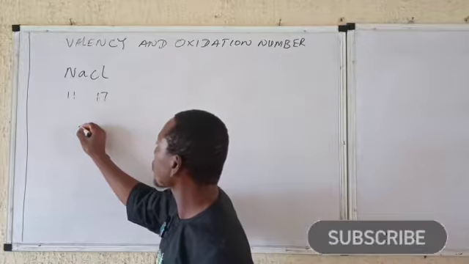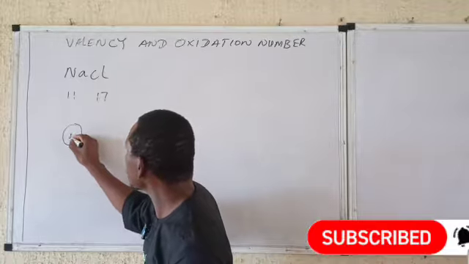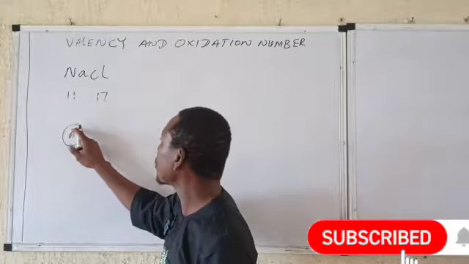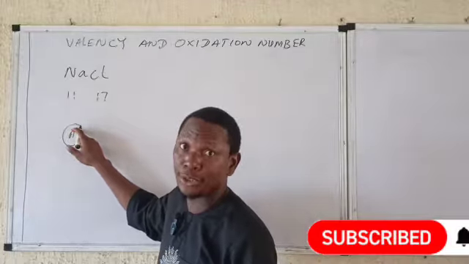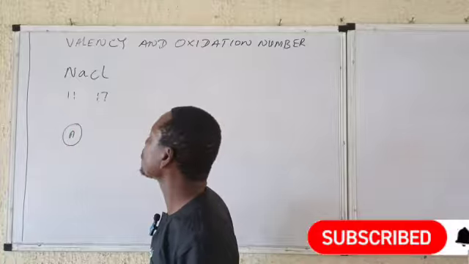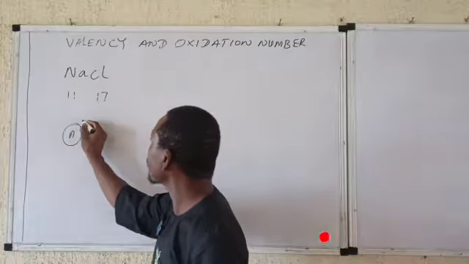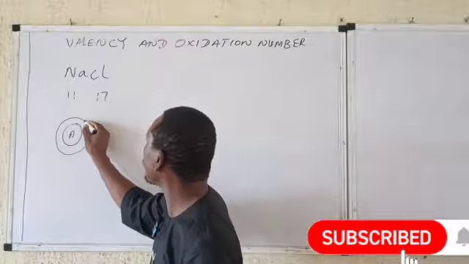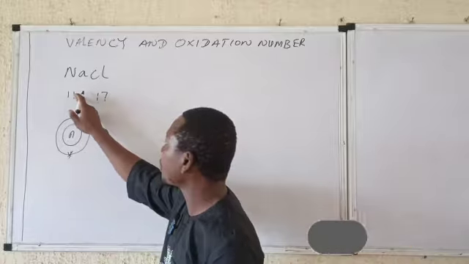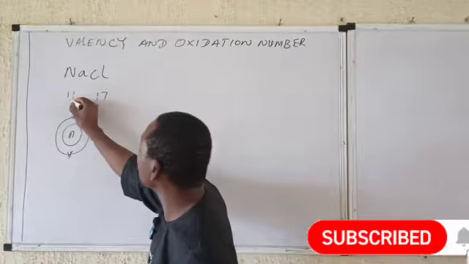So let's draw the structure of sodium. This is the nucleus, which I'm representing with N. Inside the nucleus, there are protons and neutrons; you can take a look at the atomic structure video. The first shell, as I said earlier, takes a maximum of 2 electrons. So out of the 11 electrons, 2 are out. How many are remaining? 9.